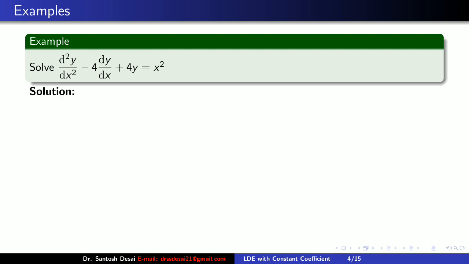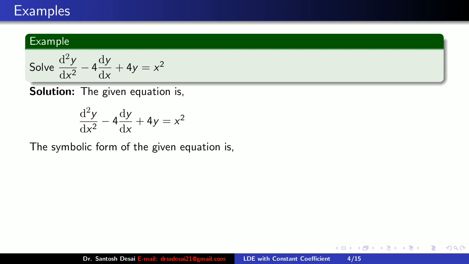So first we find the complementary function. Let us take the given equation as d2y by dx square minus 4 dy by dx plus 4y is equal to x square. The symbolic form of the given equation is, you replace d2y by dx square by D square, dy by dx by D. Therefore, we get the symbolic form as (D square minus 4D plus 4)y is equal to x square.